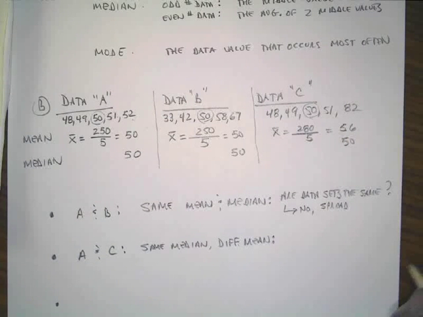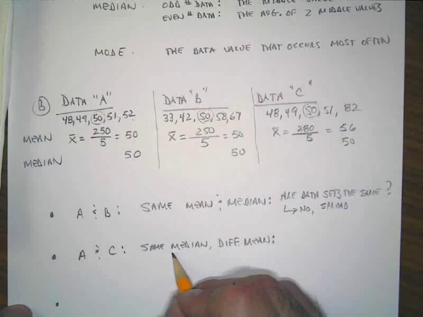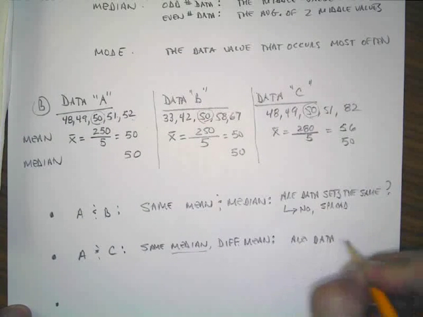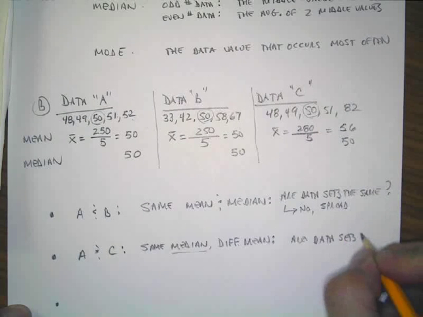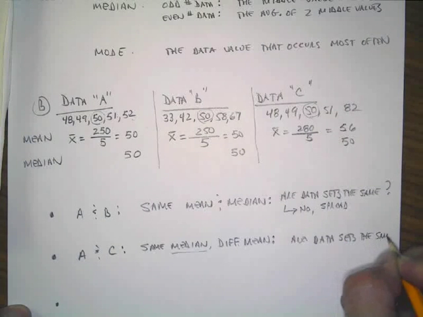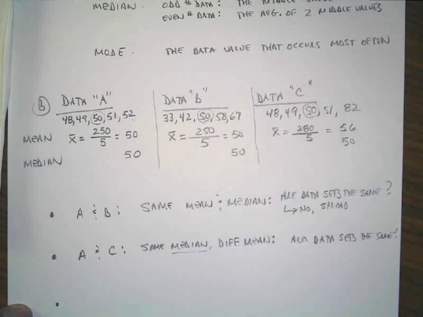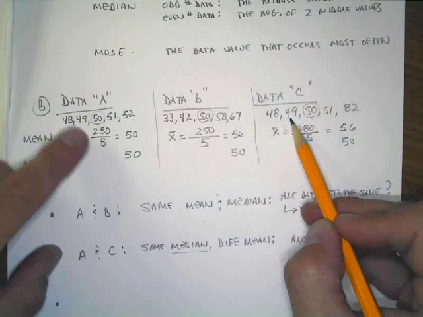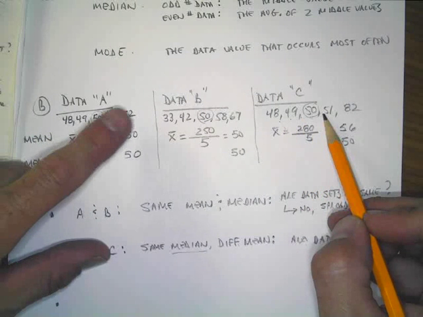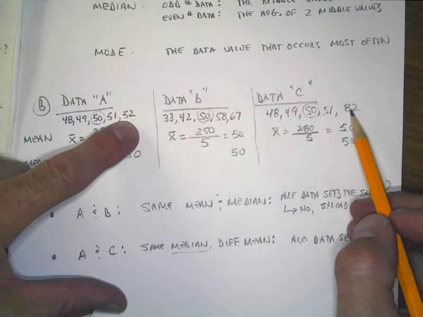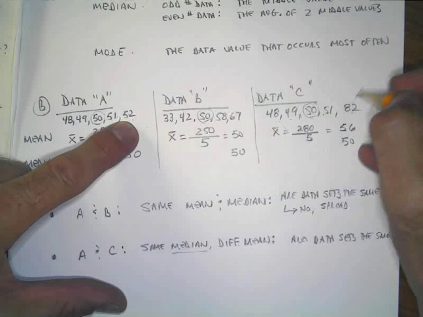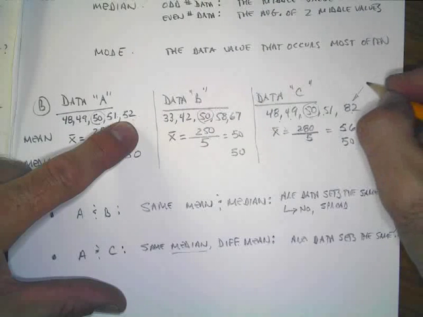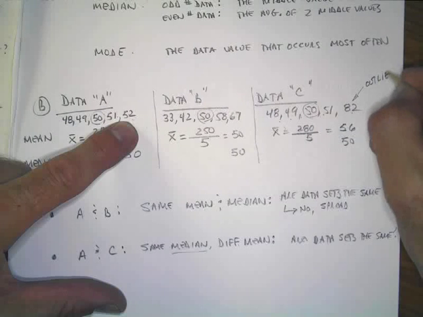So if you consider the median, are the data sets the same? Well, let's look. 48, 49, 50, 51. Data A is 52. Data C has this number that is way far away from all the other data. We're going to call that an outlier.